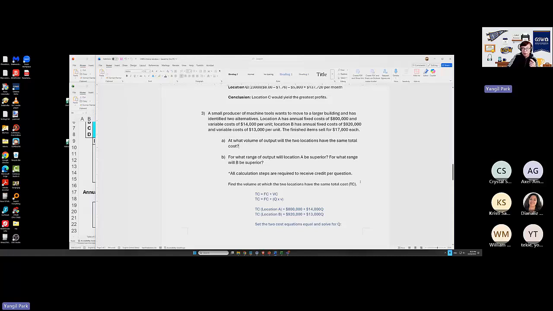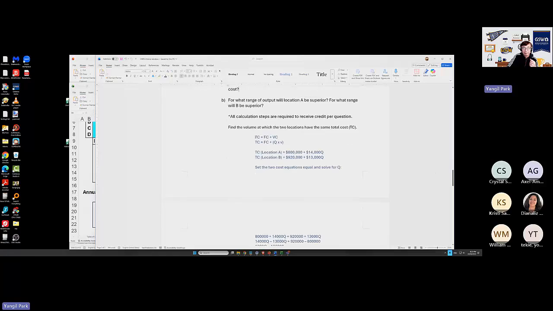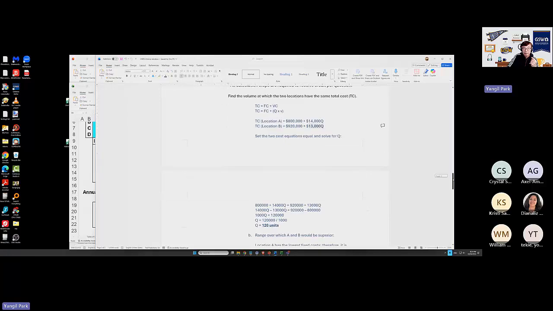Okay, so using the formula there, because it's fixed cost plus variable costs. And to find the variable cost, you need to know Q and V. Then you plug in. Then location A is 800,000 plus 14,000 Q. The other one is 920,000 plus 13,000 Q. Again, to be able to find the Q, you need to make it an equation and set it just like that.